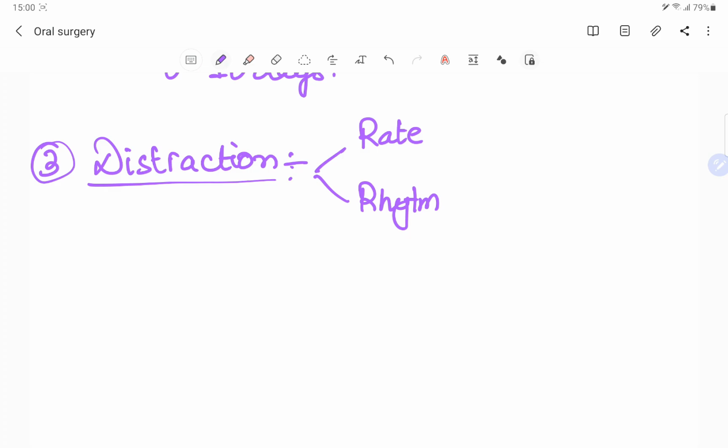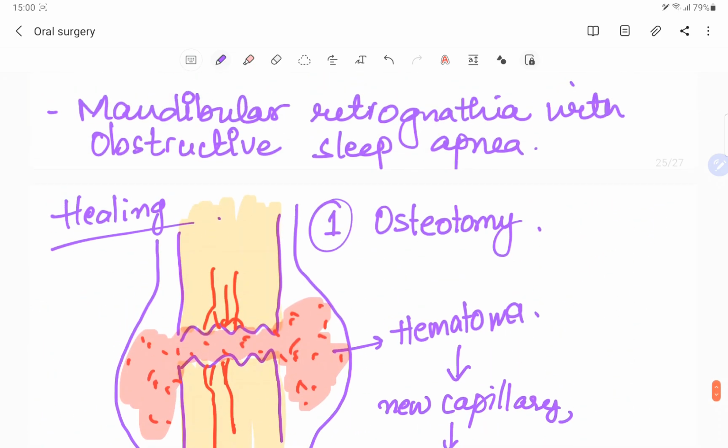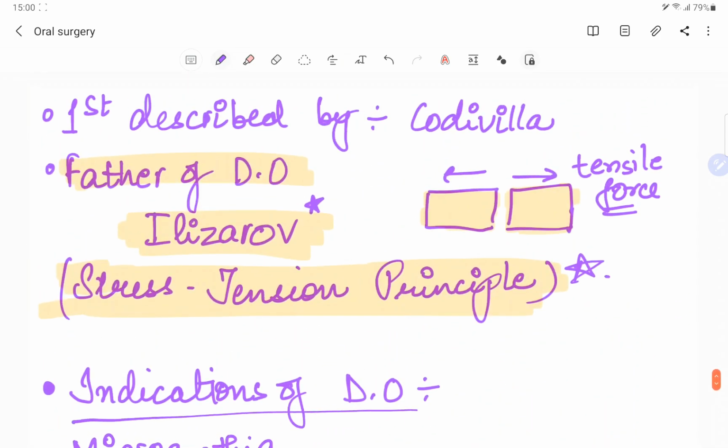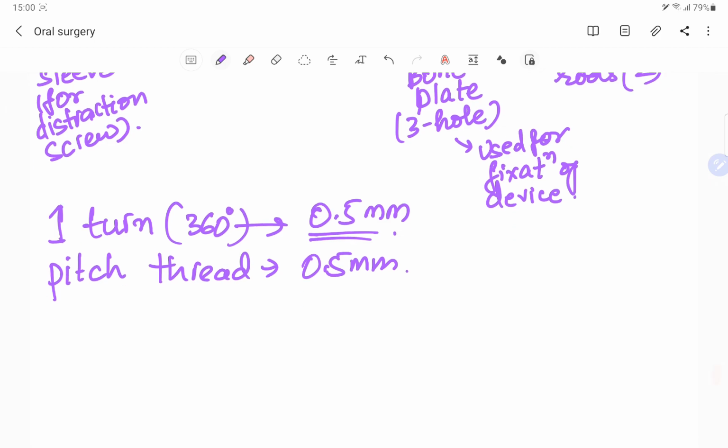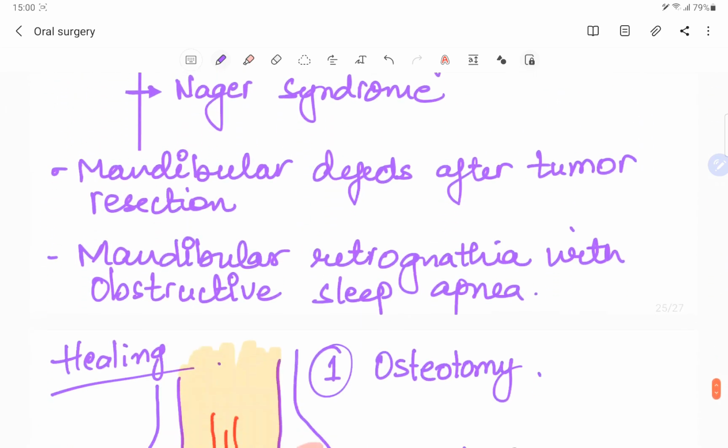I told you the custom made distraction device I showed you has got 0.5 millimeter of pitch. That means if you make one full turn, it is going to make a distraction of 0.5 millimeters, right. So, that is what we call the rate, the amount of distraction we are doing in a single day.